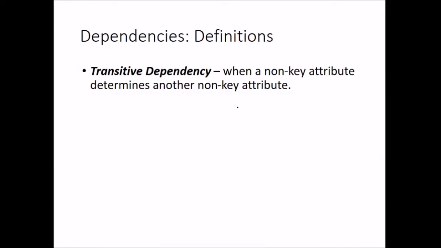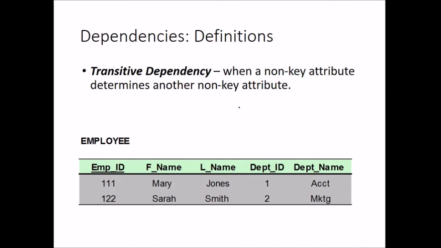Then we have transitive dependency, the third type of dependency. What is happening here is, when a non-key attribute determines another non-key attribute. In this particular example, employee ID is the only primary key. Employee ID is able to identify F name, first name, Mary, because we are not having any repeating groups.